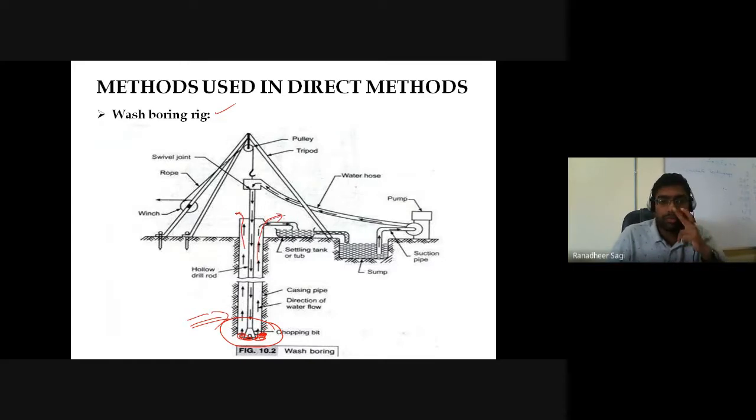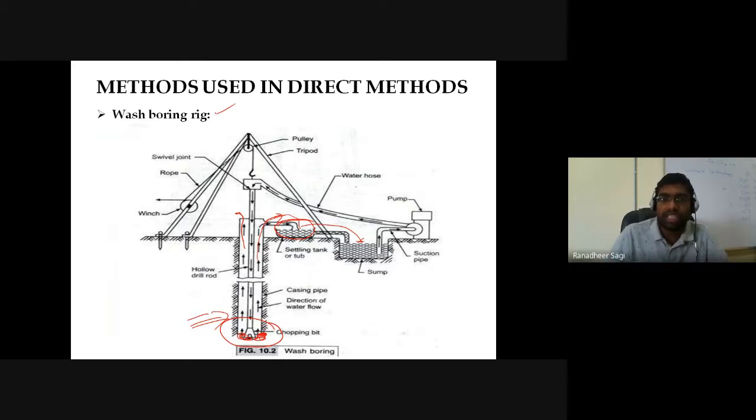The water along with the soil particles coming out of the hole is collected in a settling tank or collecting chamber. Particles settle down at the bottom, and the water floating on the top is collected once again in a collecting chamber or sump in which you can store the water.